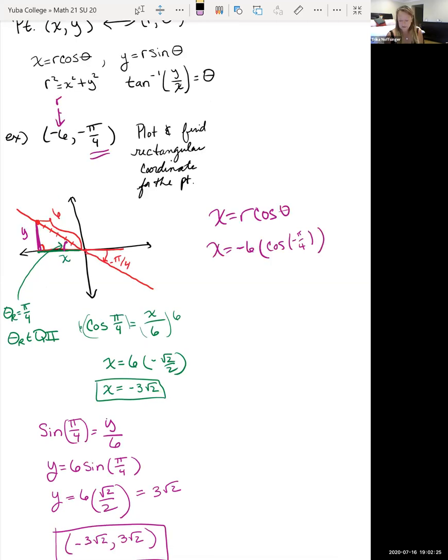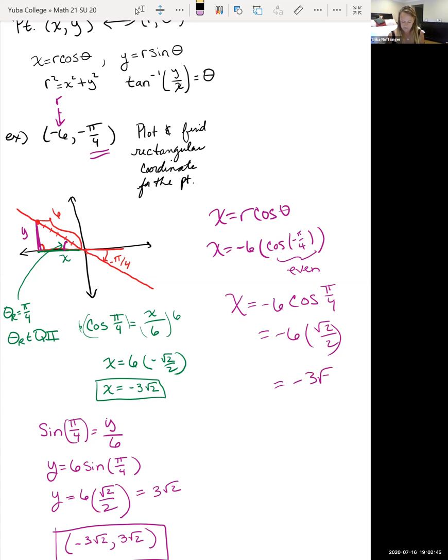Cosine is an even function. So this is the same thing as x is equal to 6 cosine of pi fourth, which is -6√2/2, which is -3√2. Which we got here.